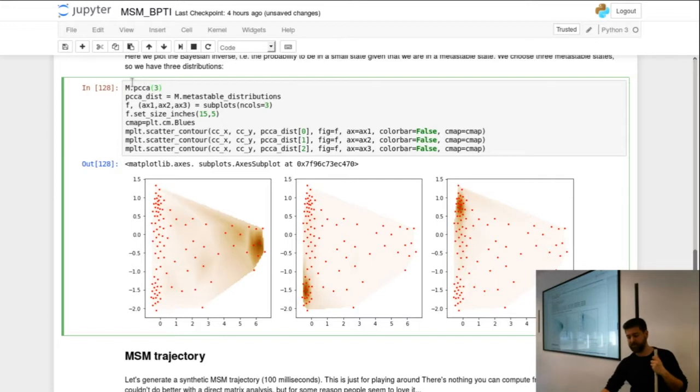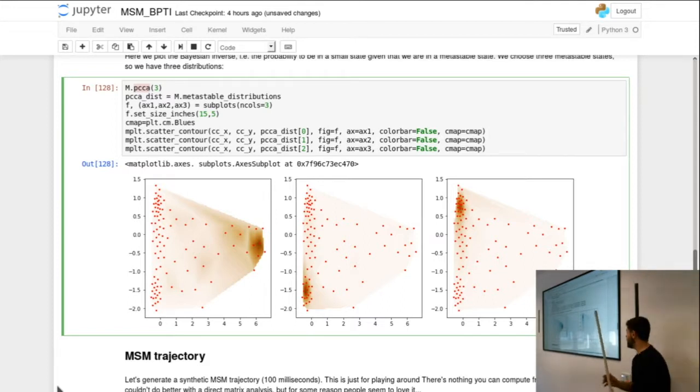And I use the PCCA method, which is the Perron cluster-cluster analysis method, which uses all of that kinetic information about barriers and the speed at which it takes the system to evolve from one part of the landscape to the other part of the landscape, to define the metastable states, which are the states that are long-lived that we're interested in.